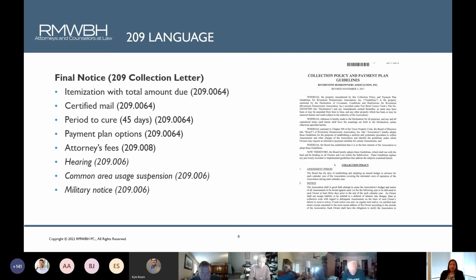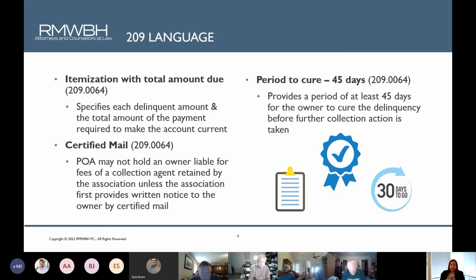All right, so let's dig in a little bit deeper on a few of these items. I've already touched on itemization with the total amount due. That has to specify each delinquent amount and the total amount that is required to make the account current. So make sure it is an itemization and not a lump sum amount.